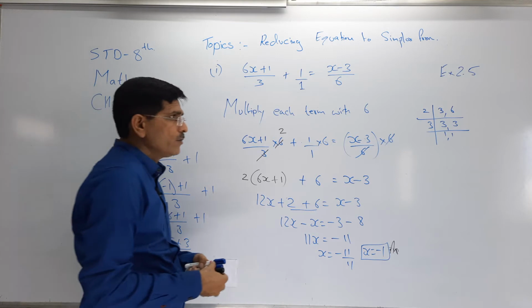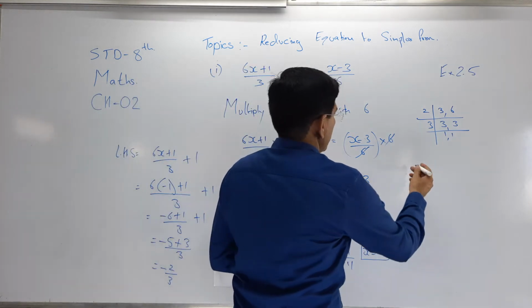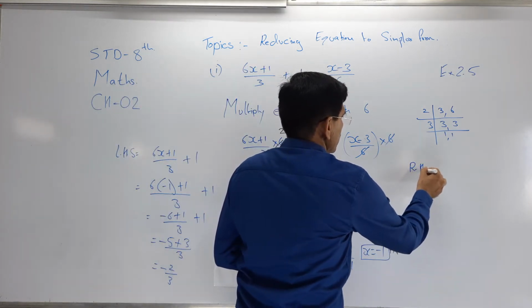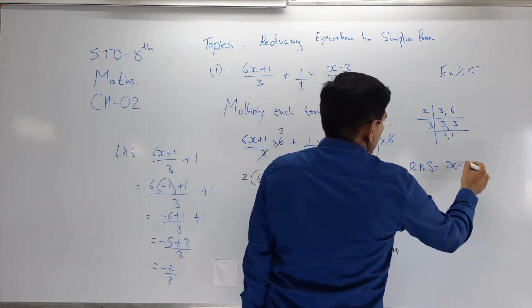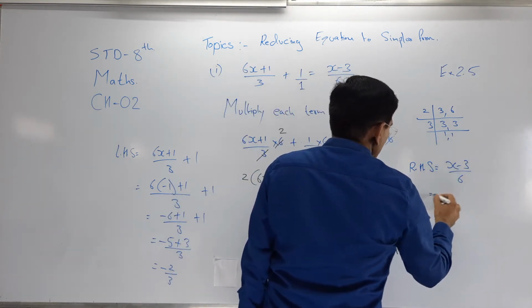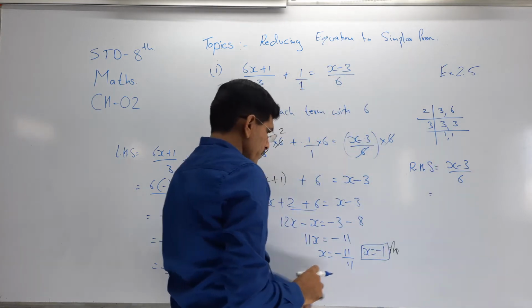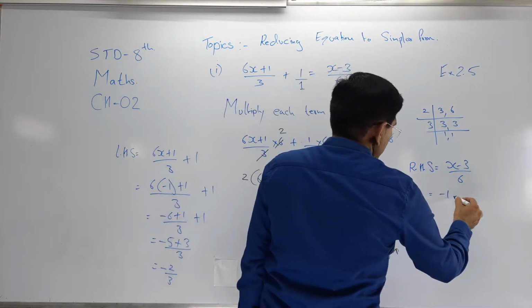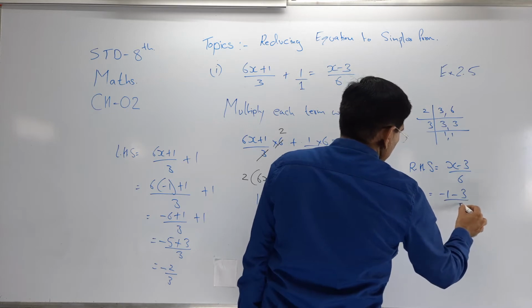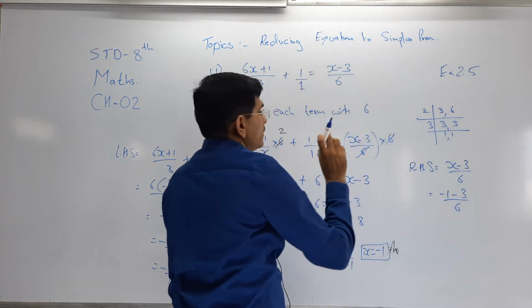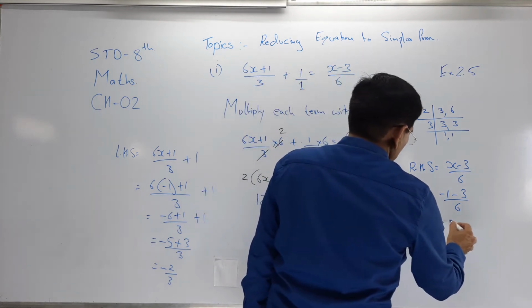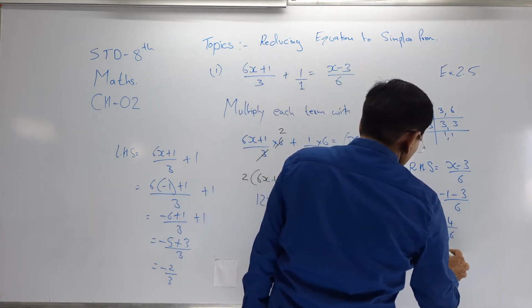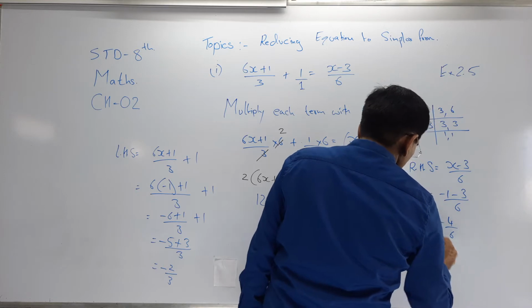Now what do I have to prove? On the right hand side I have to get the same answer. Then we can say it is correct. The right hand side is x minus 3 by 6. What is x? Minus 1. So minus 1 minus 3 by 6. Here it is minus 4 by 6, that is minus 2 by 3.